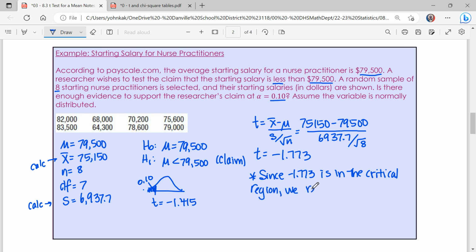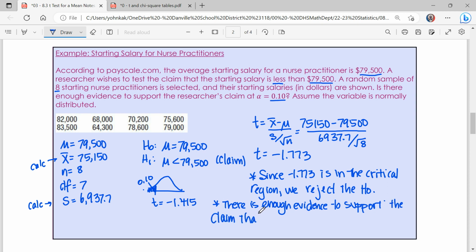Since we reject the null and the alternative is our claim, there is enough evidence to support the claim. And our claim was that the starting salary is less than $79,500.